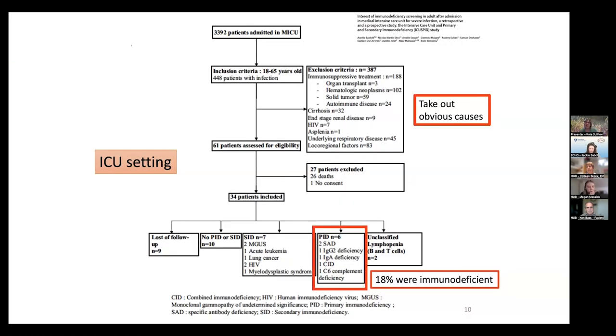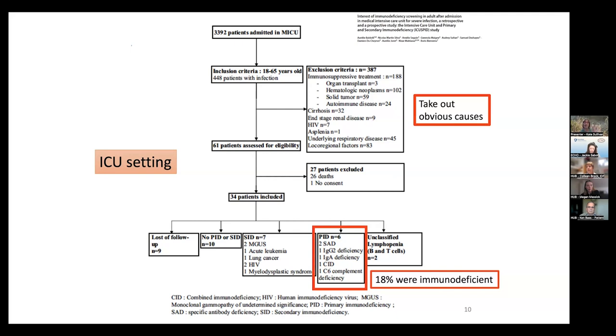Just to give you a sense of that, I want to show this flow diagram. There are actually multiple studies published that are similar to this, but let me just give you a sense to explain why it's hard to just have a checklist. 6 ear infections, 2 pneumonias, 3 eczema. You really have to think pretty broadly when you're thinking about infectious susceptibility.